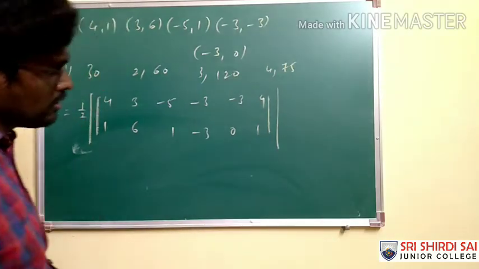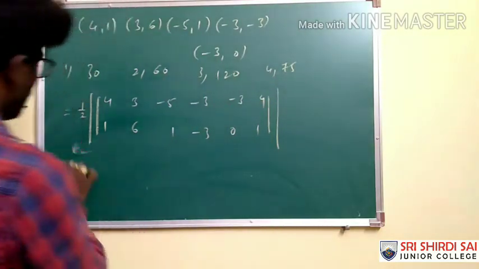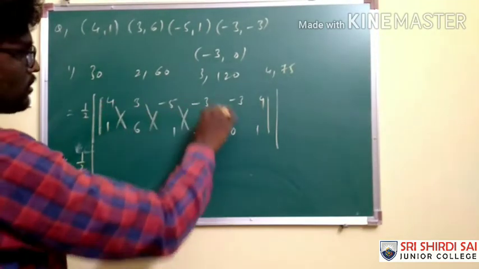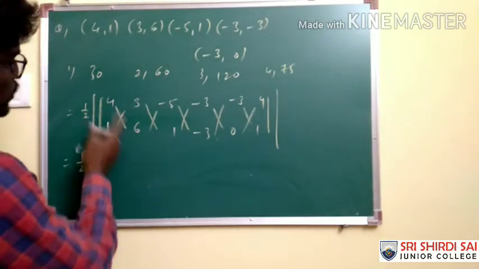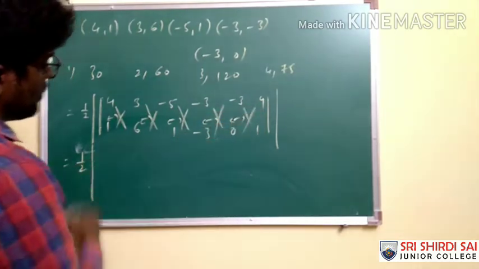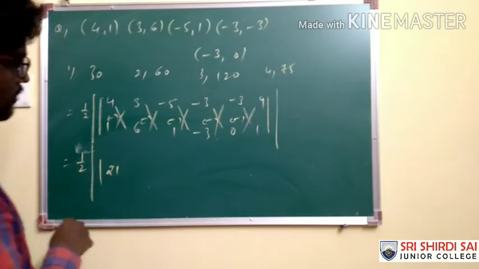If you have a hexagon, you will be writing in the same order. Therefore, we will go for the cross product between these two, between these two, between these two, between these two, and between these two. Be fast in calculations: 6 into 4, 24. 24 minus 3, you are getting 21.